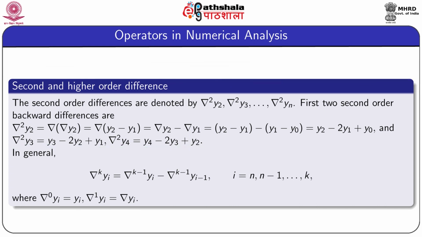In general, nabla k y i equal to nabla k minus 1 y i minus nabla k minus 1 y i minus 1, and this is true for i equal to n minus 1 up to k. In particular, nabla 0 y i equal to y i, because nabla 0 is the identity operator, and nabla 1 y i equal to nabla y i.